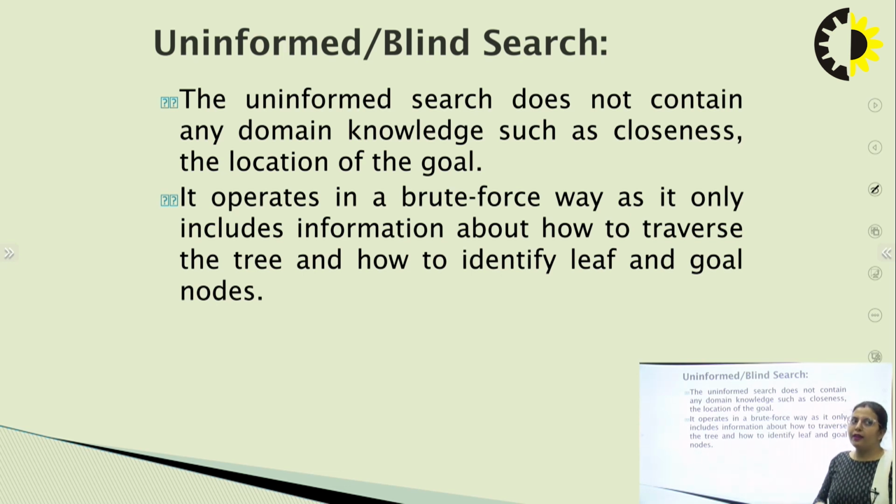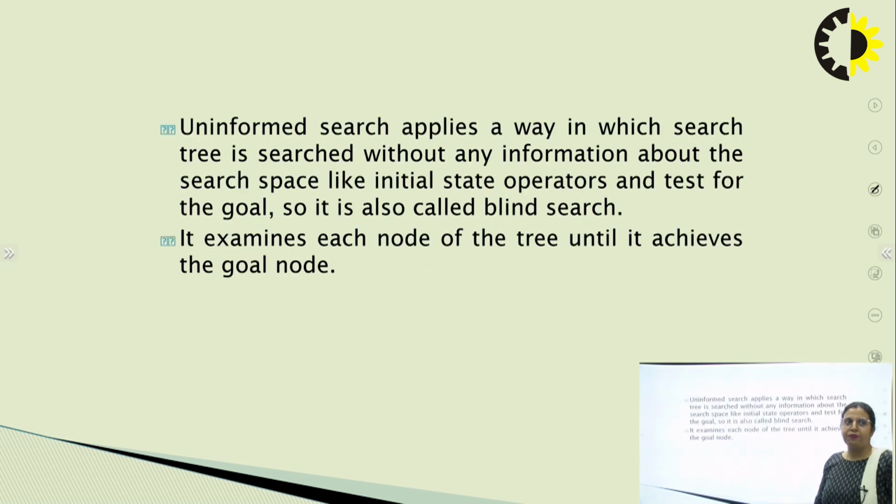So we operate in a brute force way, as it only includes the information about how to traverse the tree and how to identify the leaf and goal nodes. We just know the techniques to traverse a tree and what the nodes are.